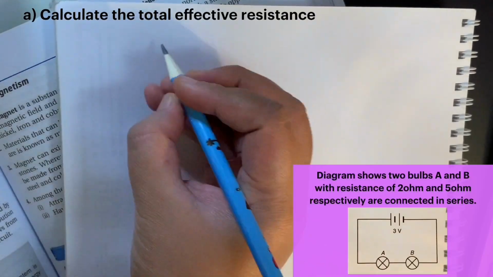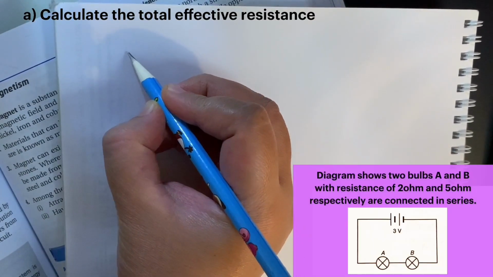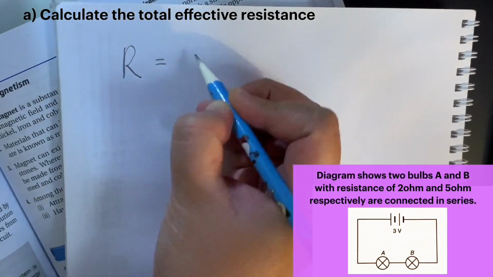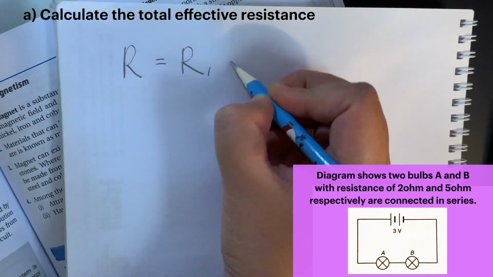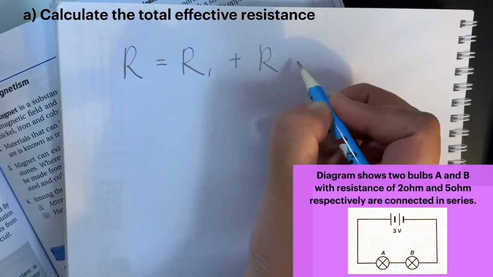You have the formula of effective resistance for series circuit. Effective resistance equal to resistance in bulb 1 plus resistance in bulb 2.